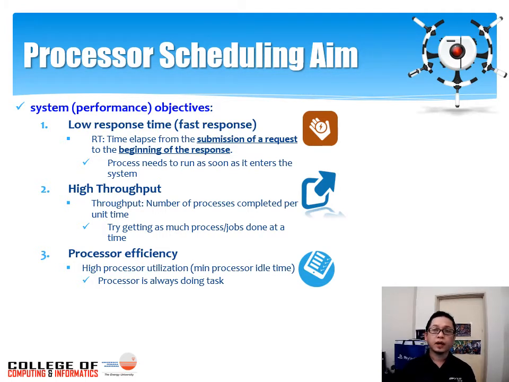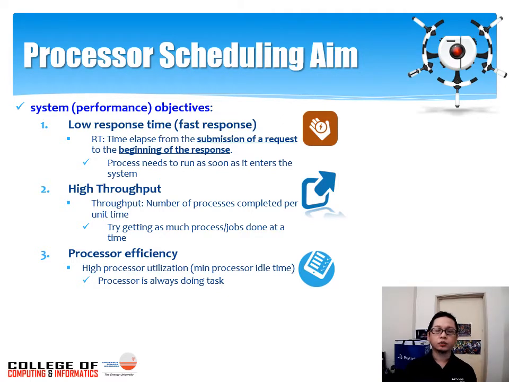Secondly, high throughput, to execute as many processes as possible. And thirdly, processor efficiency, whereby the processor always has tasks to do whenever possible. So these are the objectives of the system when we have scheduling.